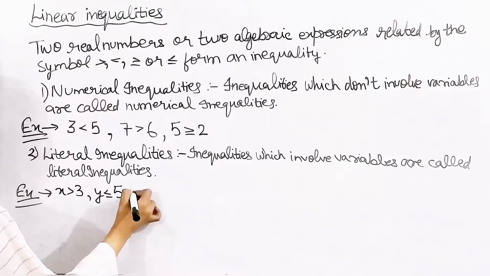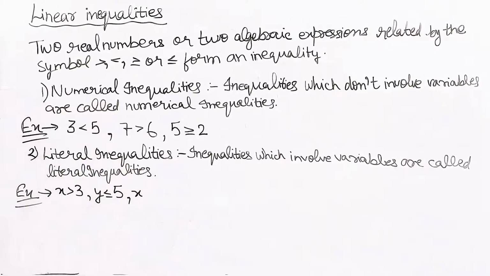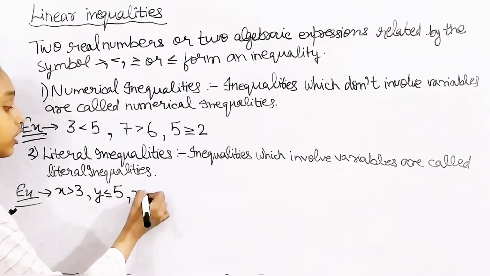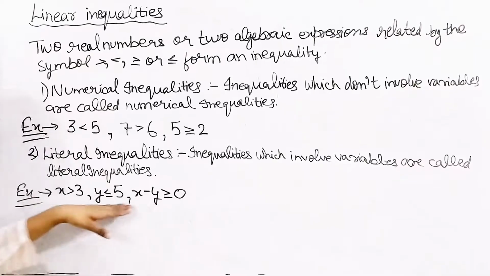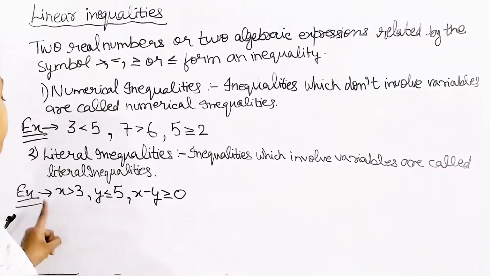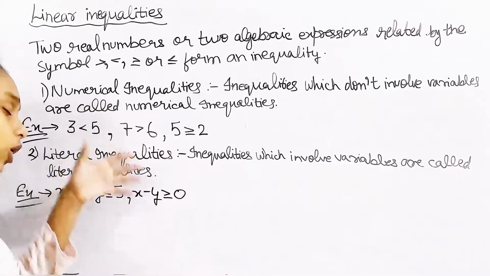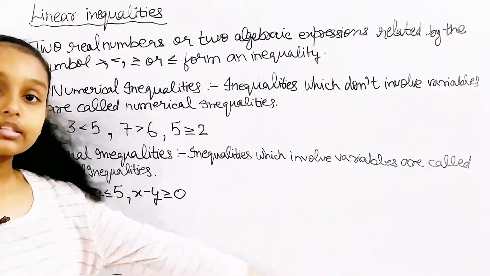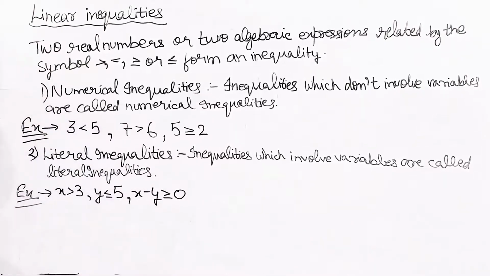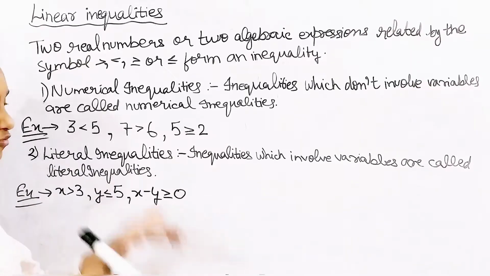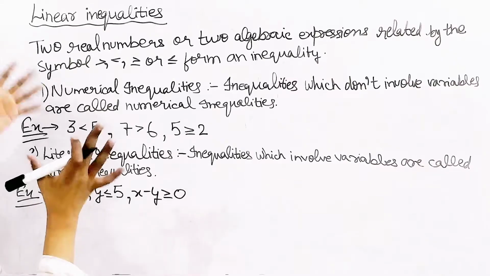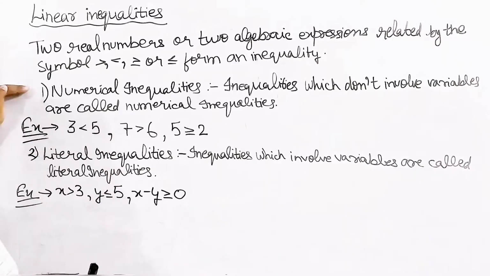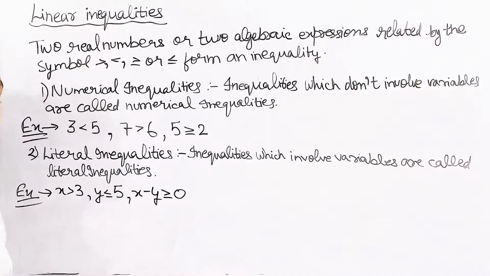I can even say that x minus y is greater than or equal to 0. What I can see here is that these inequalities involve variables, and that's what we have to focus on. I hope you are clear with these two types.